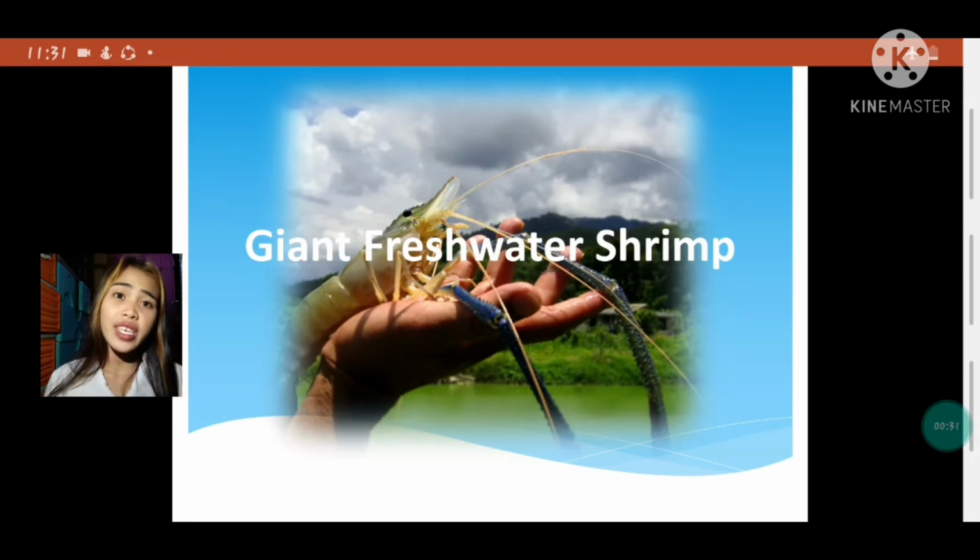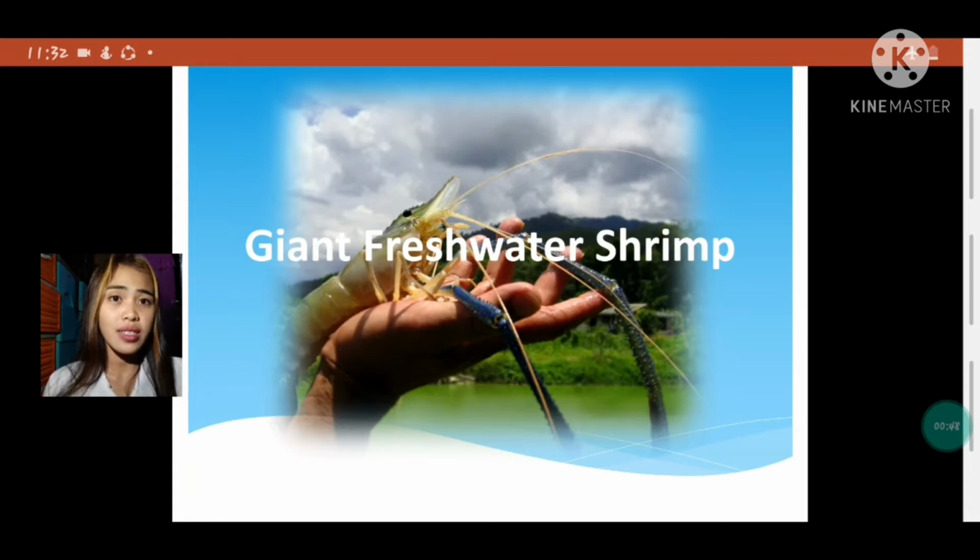It is a striking looking prawn in which the two pairs of walking legs are easy to recognize, and the genus name means large arms.